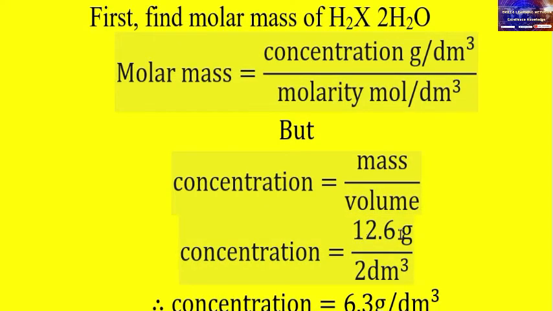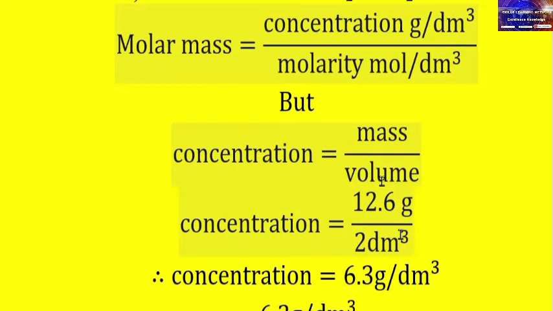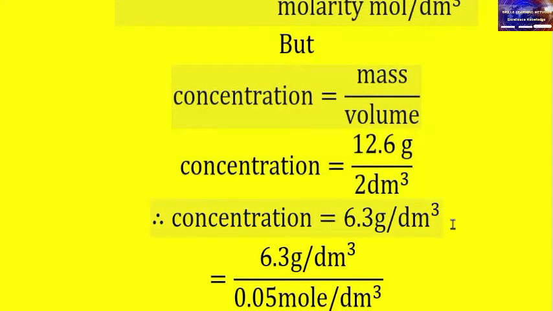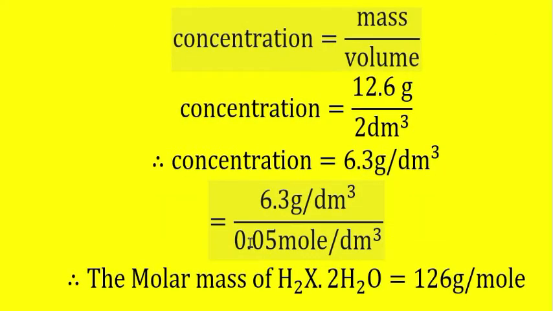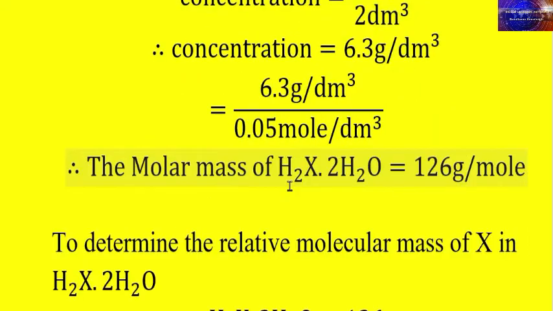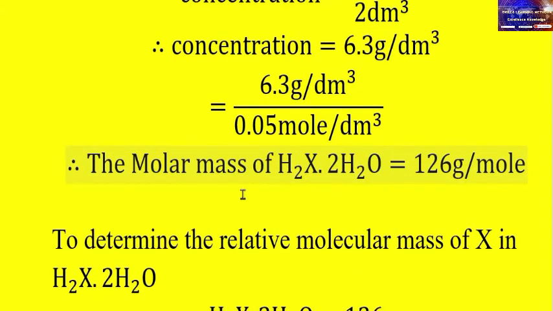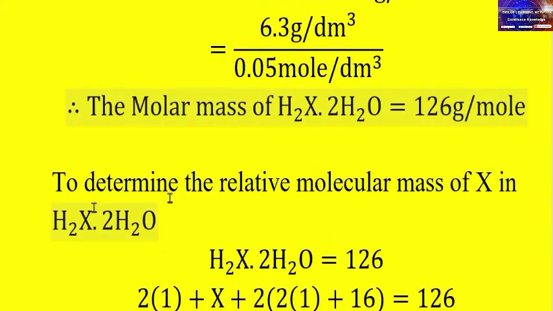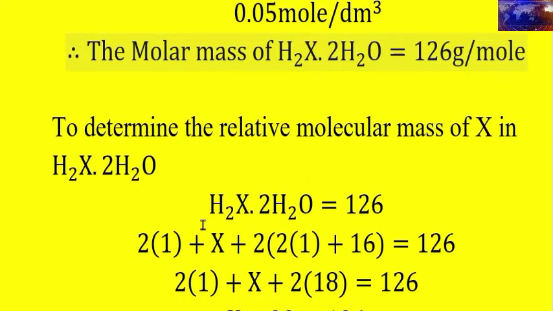We have 12.6 divided by 2 liters, so the concentration of acid, solution M2, is equal to 6.3, and the molarity is 0.05. So the molar mass is 6.3 divided by the molarity, which is equal to 126 grams per mole.